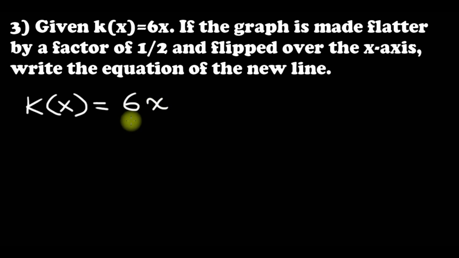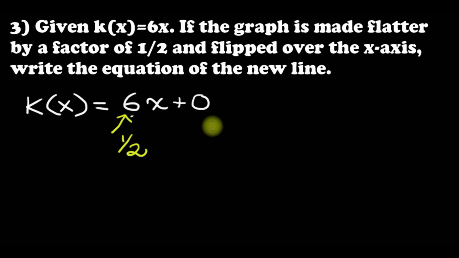Okay, so your slope for this one is 6. That's your slope. But there's no y-intercept, so your y-intercept is going to be 0. So there's a plus 0 there. Now, if the graph is made flatter by a factor of 1/2, the 6 is going to get multiplied by 1/2.